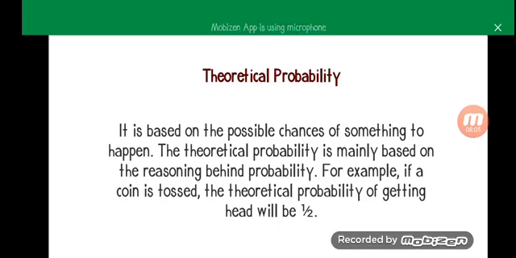So, theoretical probability is based on the possibility, the chances of something to happen. It is mainly based on the reasoning behind probability. For example, if a coin is tossed, the theoretical probability of getting a head will be 1 over 2. Let me explain that. A coin has two sides, a head and a tail. So if you flip it up, either you get a head or you get a tail.